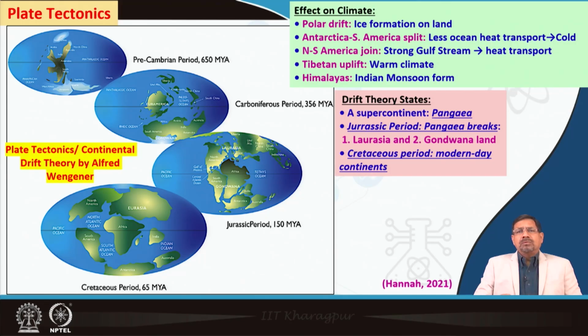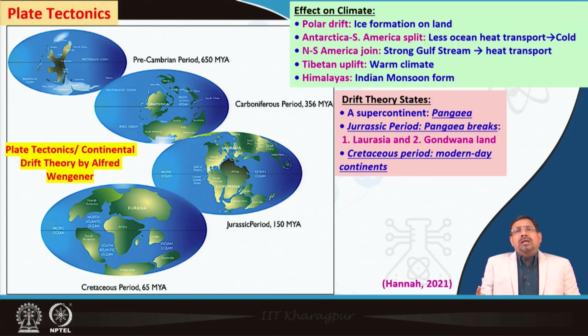Particularly the Antarctica and South America split has given less ocean heat transport, which in turn has led to a colder climate. The North-South American joint has given rise to a strong Gulf stream, and that in turn has led to heat transport.